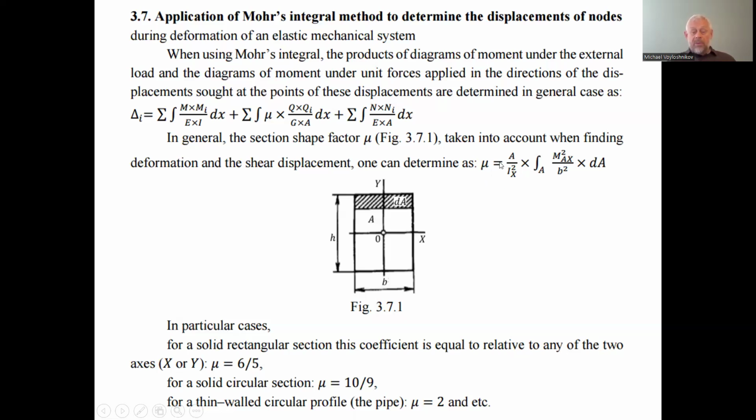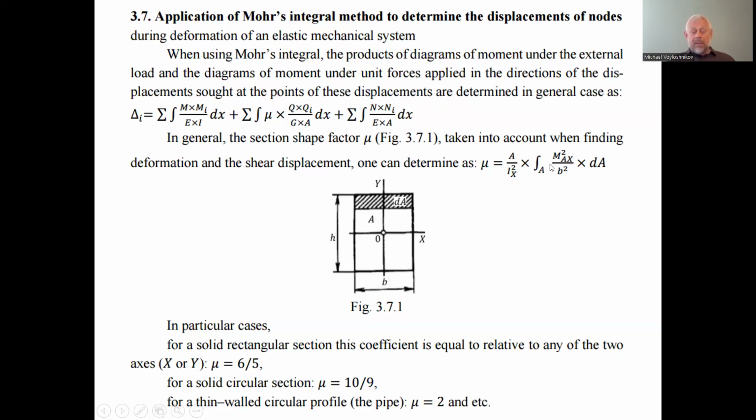This formula equals the fraction of the area of this transverse section divided by the geometric moment of inertia of the area of this section relative to the abscissa axis crossing the center of the square of this transverse section, multiplied by the integral over all this area of the integrand.